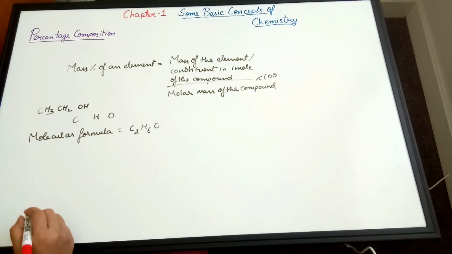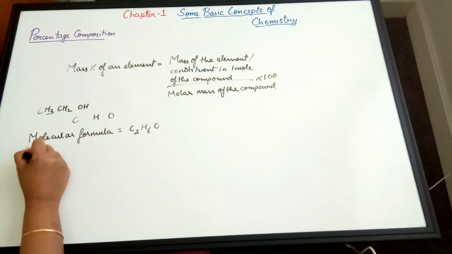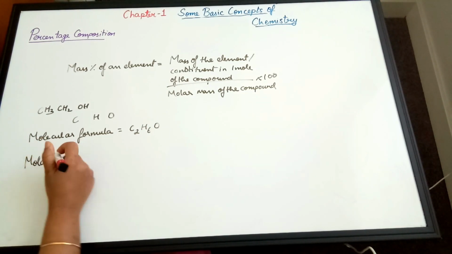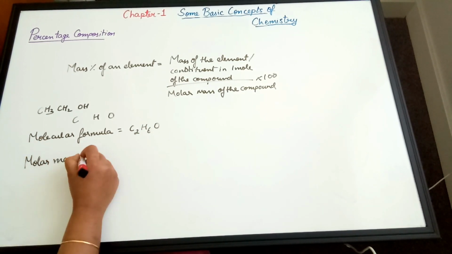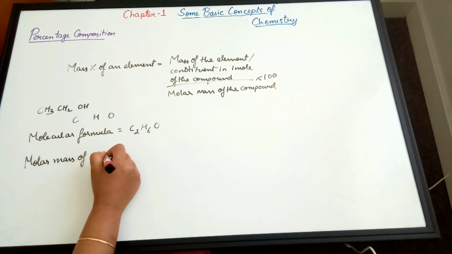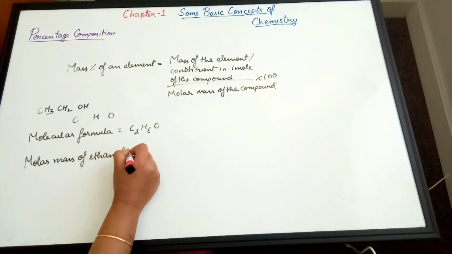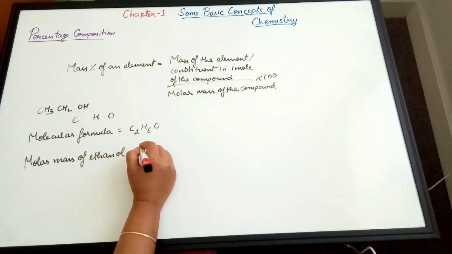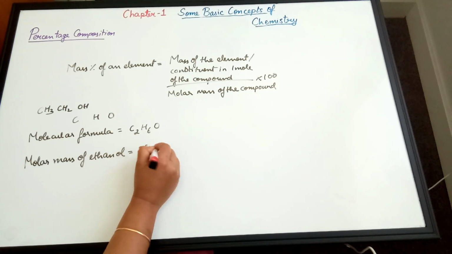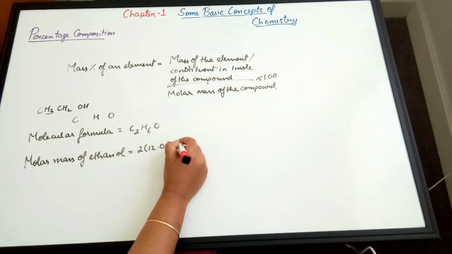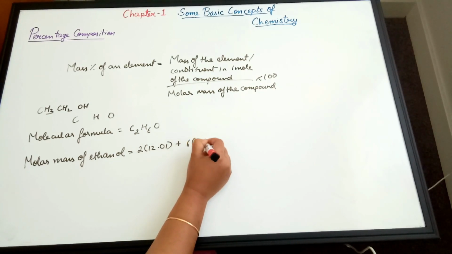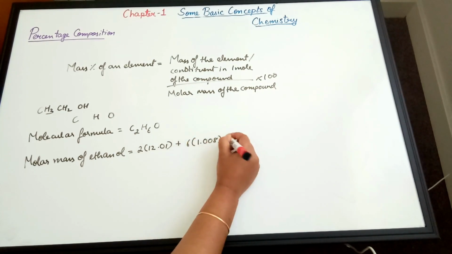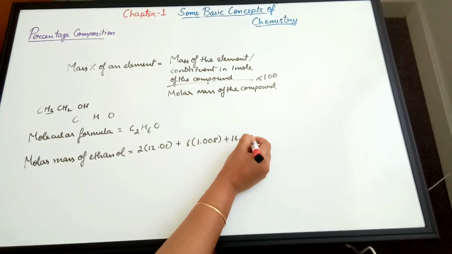Now the molar mass of ethanol would be equal to 2 into 12.01 plus 6 into 1.008 plus 16.00.